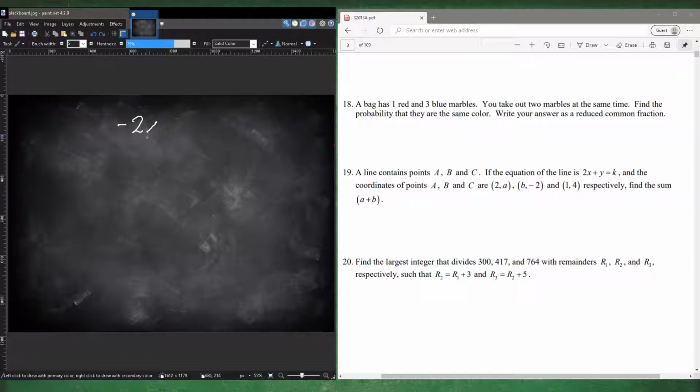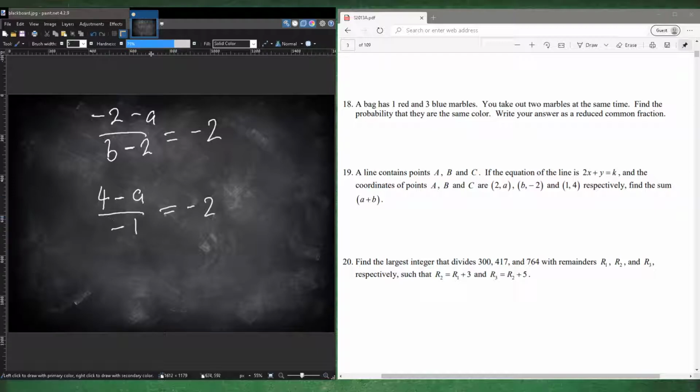Self-explanatory. So we could just use 2 points each. So let's use the first two. So -2 minus a, over b minus 2, is equal to -2. And then use the first and the third. We have 4 minus a, over 1 minus 2, which is -1, equal to -2.